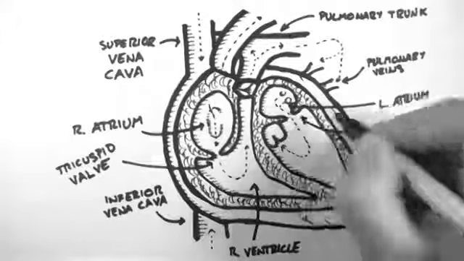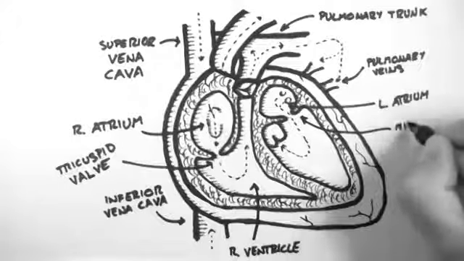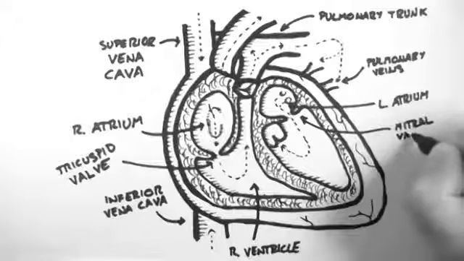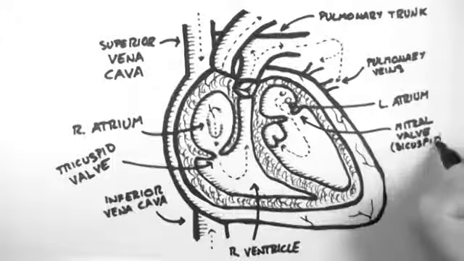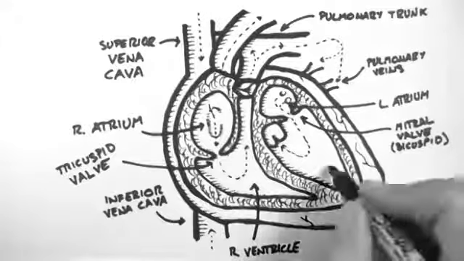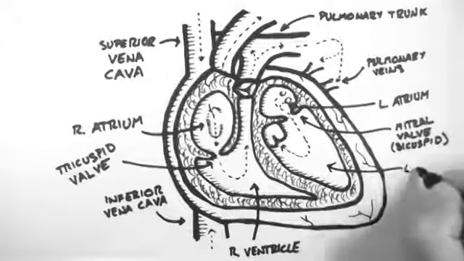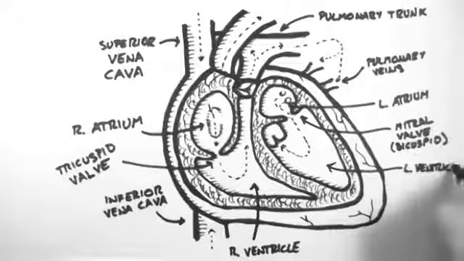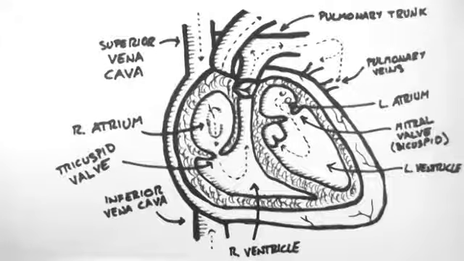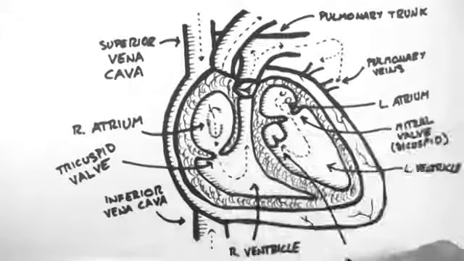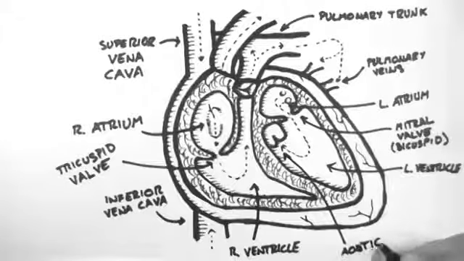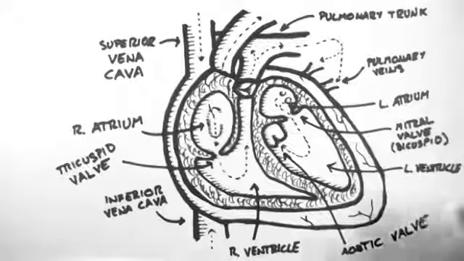Below the left atrium is the mitral valve, also known as the bicuspid valve because it only has two cusps. Then it flows into the left ventricle, which is the main pumping chamber of the heart. The blood then flows out through the aortic valve and out the aorta to the body.